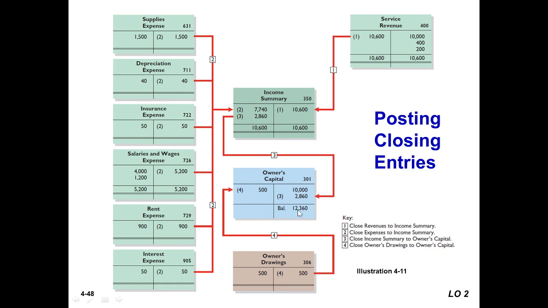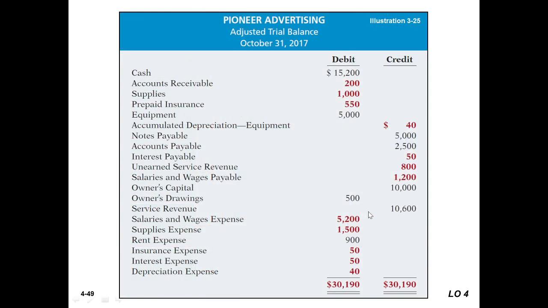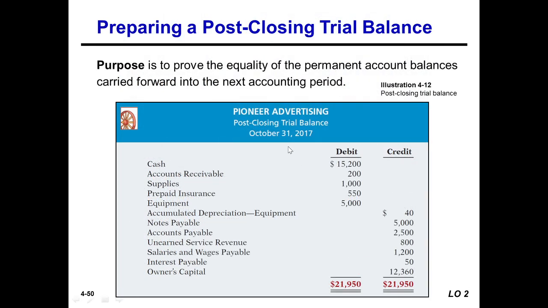So after balancing, we are getting 12,360. Now it is very easy to understand. Just close our revenue, expenses, and drawing. After closing, the other balances we put in our post closing trial balance. Here you will see no revenue, no expenses, and no drawing, so these items are already closed.